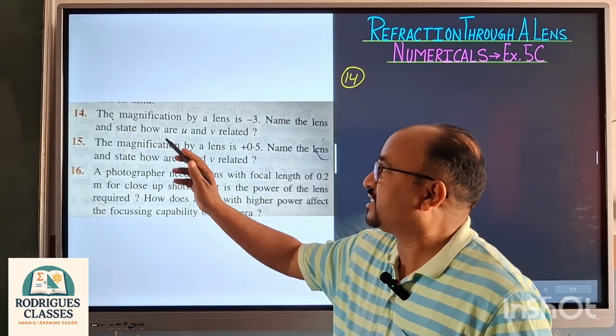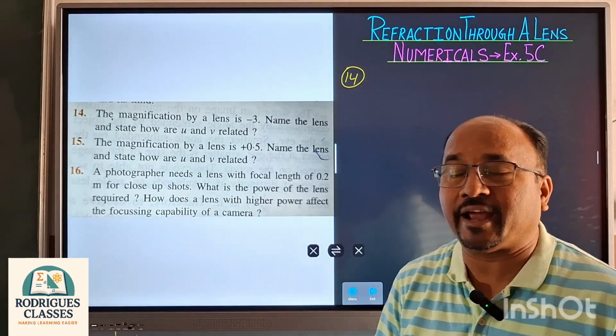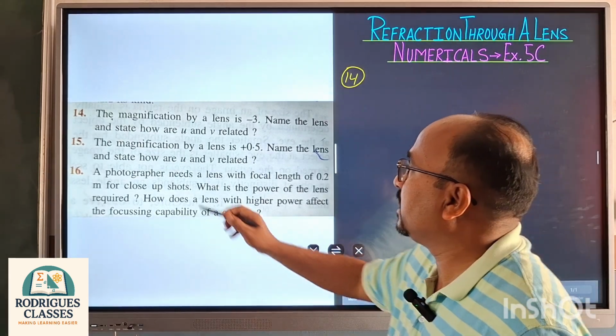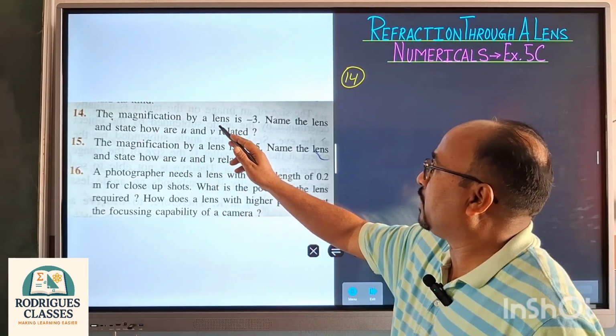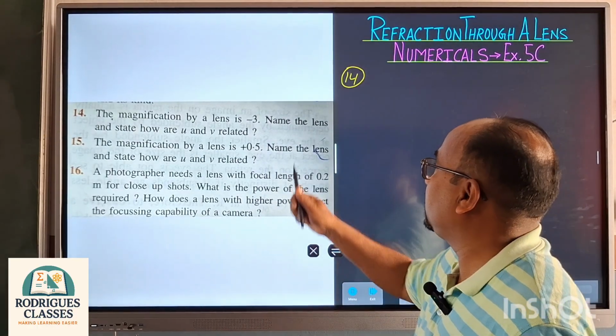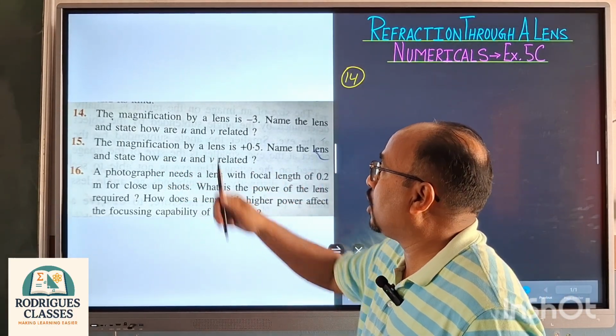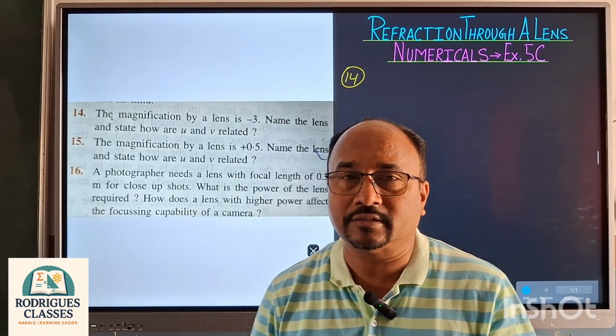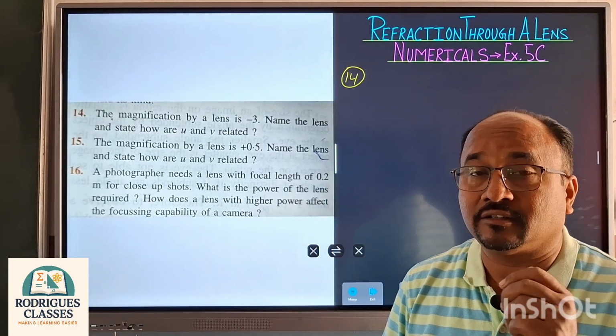Okay, so let us take a look at the 14th one and 15th one. They are similar type and a very easy sum. The magnification by a lens is minus 3. So M value is given to you, minus 3. Name the lens and state how are U and V related. Magnification minus and it is 3.